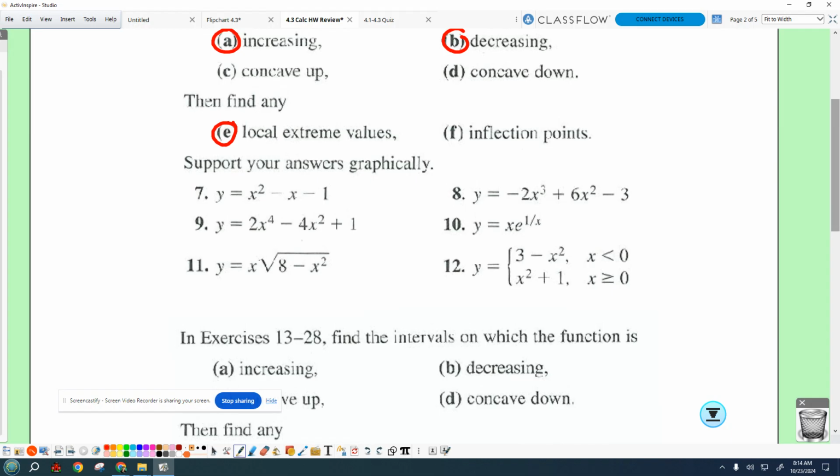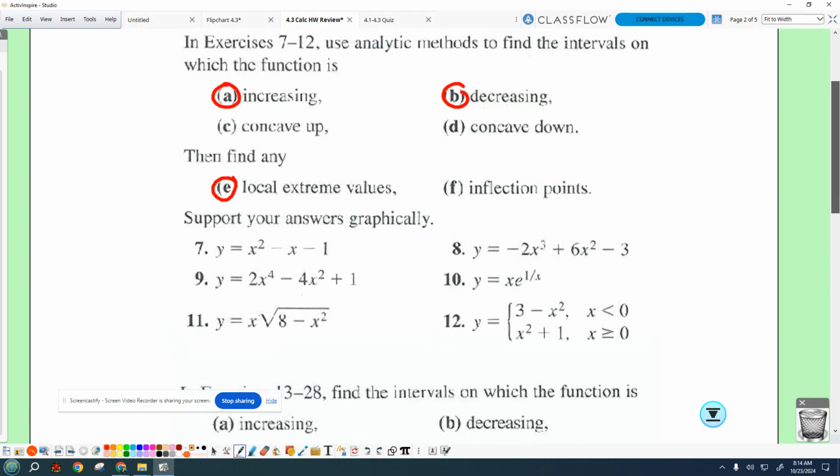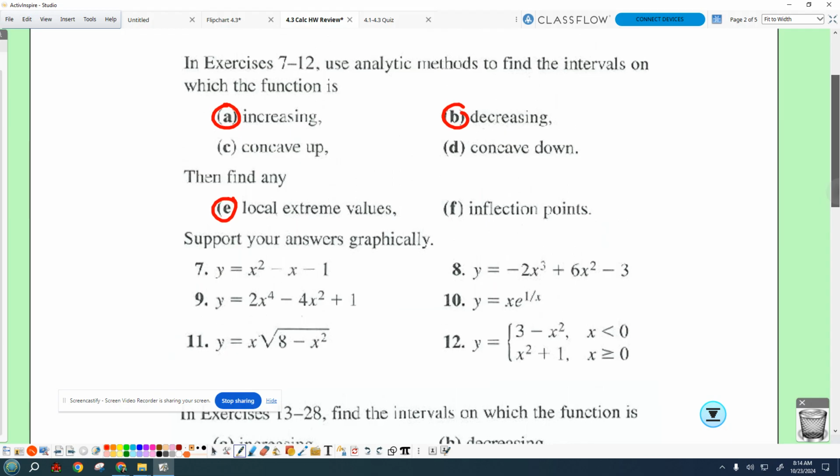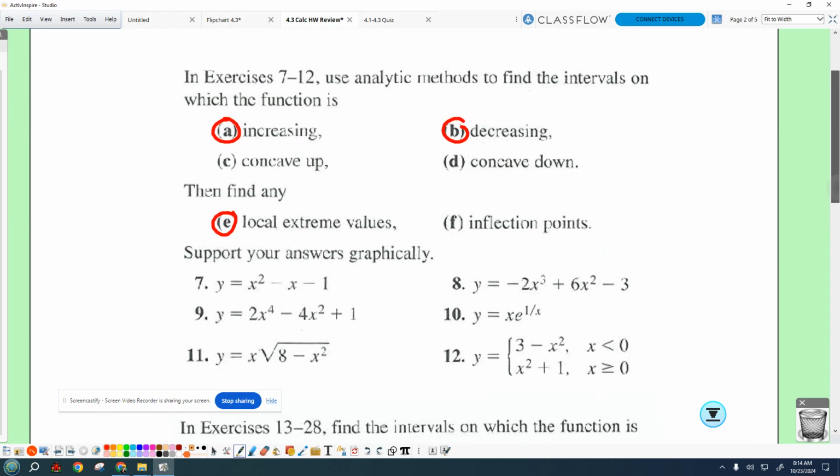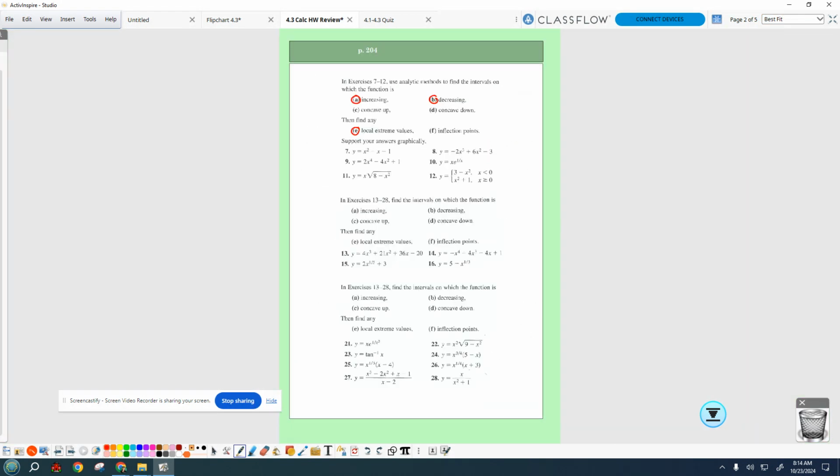So the homework, which you should have started yesterday, I will leave you the rest of the time today. Technically started on the other page. But the ones that take more effort, there are textbooks around the room.